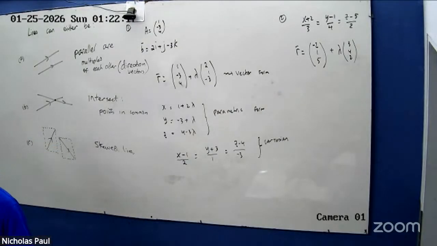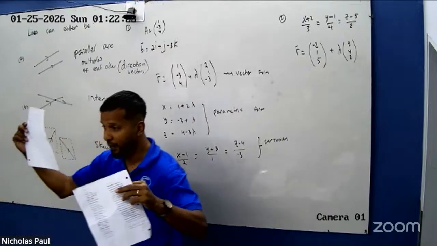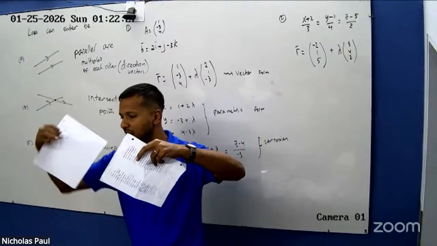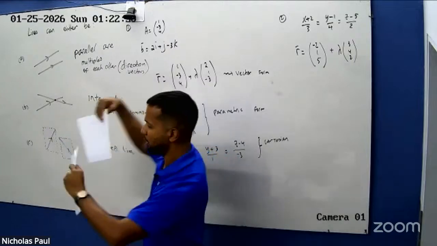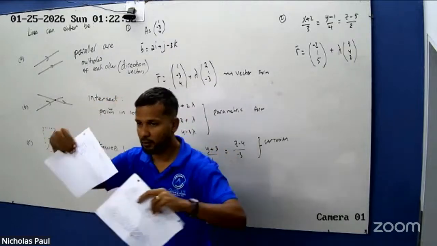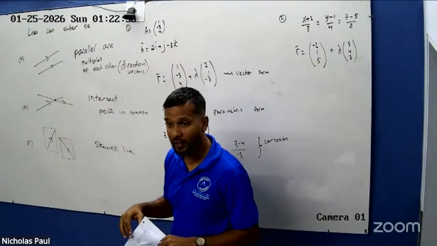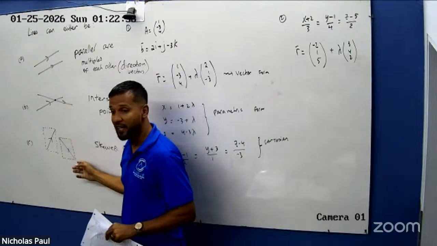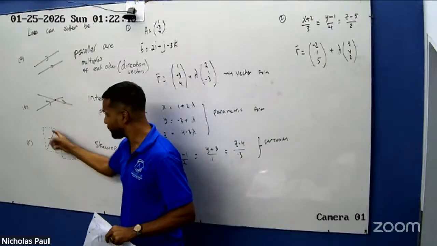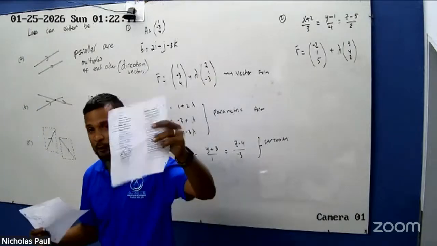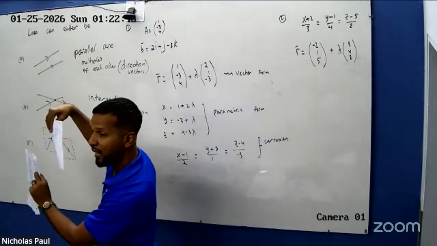Pretend this is one plane with a line and the next plane with a line. If I draw a line like this and a line like this, would those two things ever meet? No. Remember, we're dealing with 3 dimensions now. These diagrams are like 2D diagrams, so it looks like they might meet. But if I draw a line on this plane and this plane, those lines will never meet.